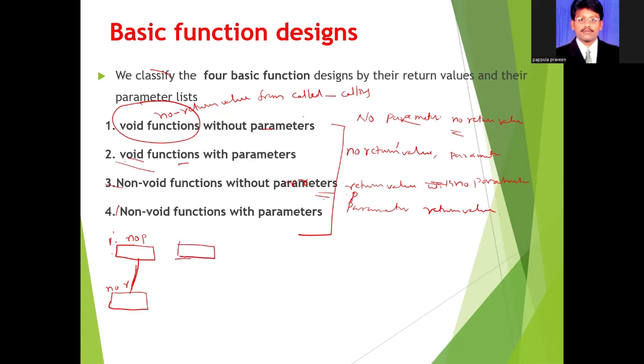Second one is P for parameter, no return value. Here we have to send parameters from the calling to called function. This is the calling function. These are the called functions. Next, the third one.